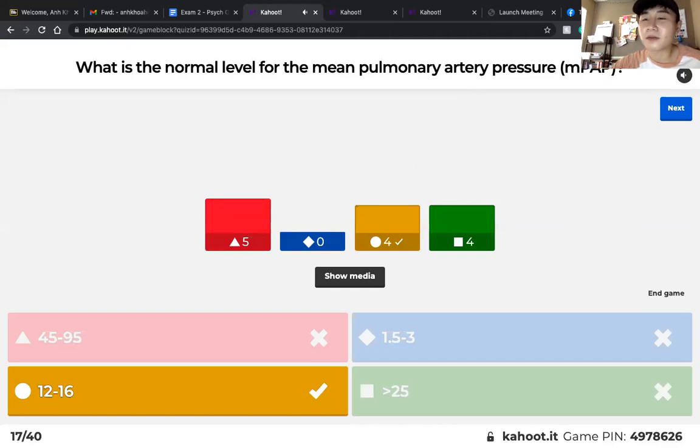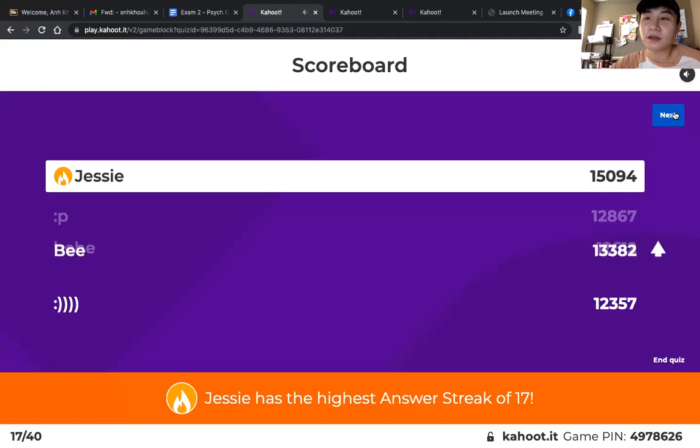All right. I don't think you guys have to know this, but it's good to know. The mean pulmonary artery pressure is 12 to 16. I don't even know that.